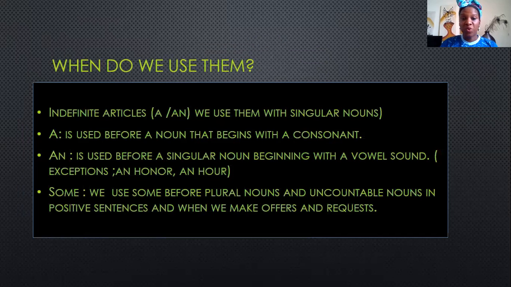Now, when do we use them? So let me quickly explain about a and an. A and an are indefinite articles that we use in front of a singular noun. So if you notice in the picture before, there was one boy. Boy was only one, singular, so we said a boy.